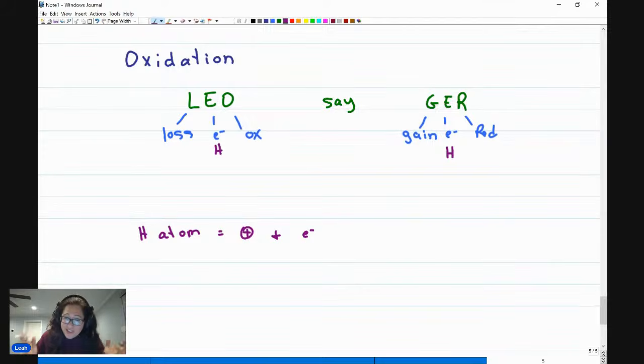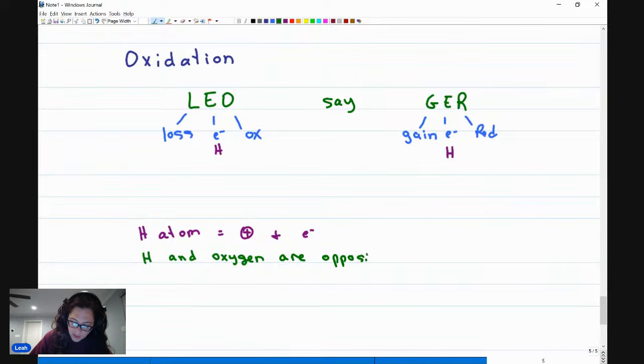But again, we're dealing with alcohol, so what does this have to do? Very simple. Hydrogen and oxygen are opposites. So anytime I lose a hydrogen atom, I will gain a bond specifically to oxygen.